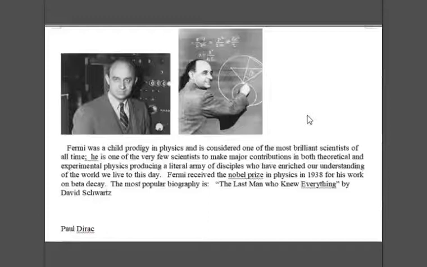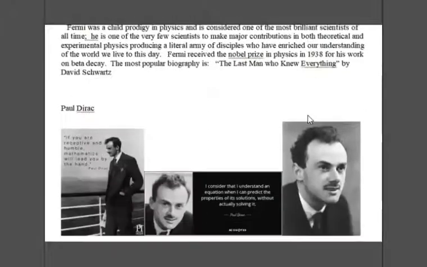He didn't have a laptop computer, and he calculated the yield of the bomb accurately to within 10%. That's not trivial, and that gives you an idea of the brilliance of this guy.